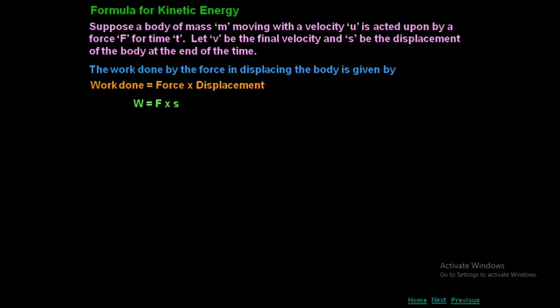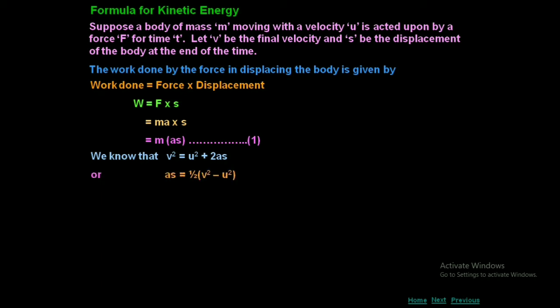We have a formula of force. Force is equal to mass into acceleration. Displacement is already there. Now students, you can measure the mass, you can measure the displacement, but you can find the acceleration using the equation of motion. Here we are using the third equation of motion, that is v square is equal to u square plus 2as. And from here, by substituting the value, you will get the value of acceleration.